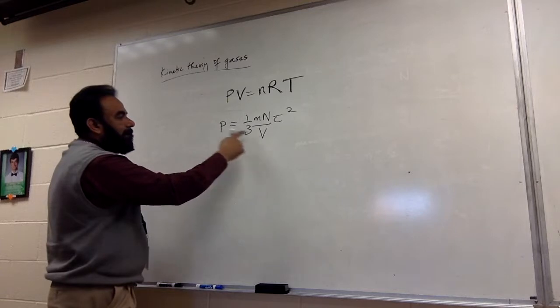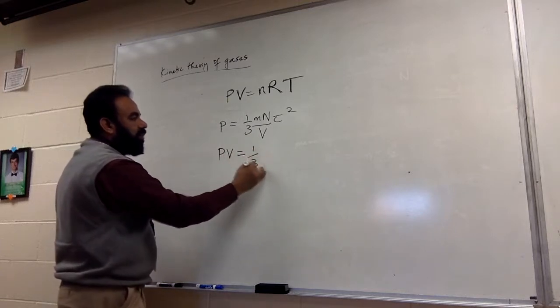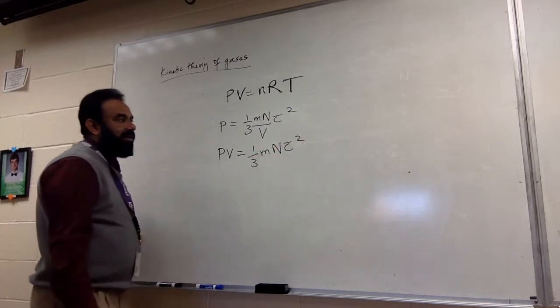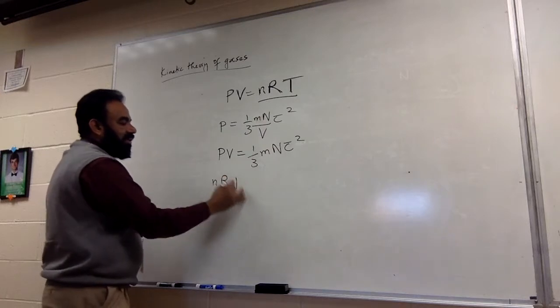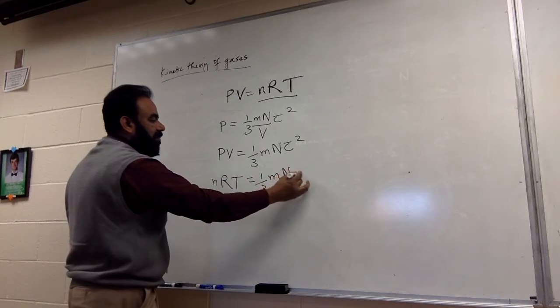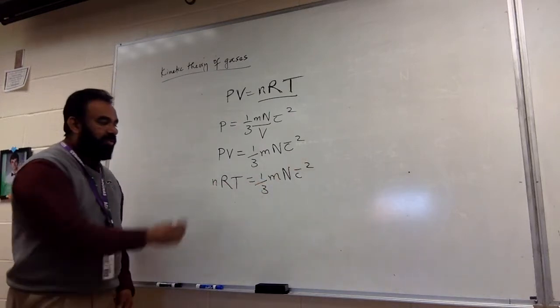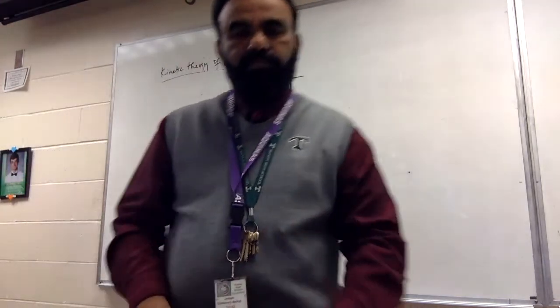So if I cross multiply, I get PV equals 1/3 mn c bar squared. And that means nRT is equal to 1/3 mn c bar squared. So we bring in the temperature component, and I will continue with this equation in the next class.